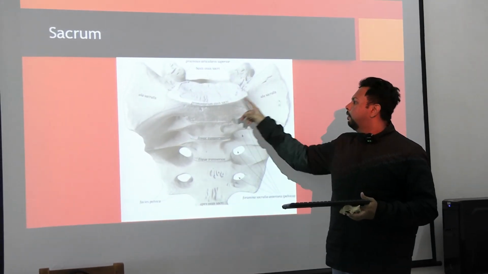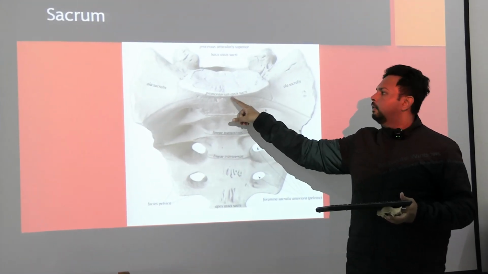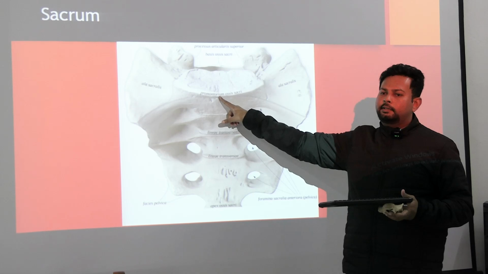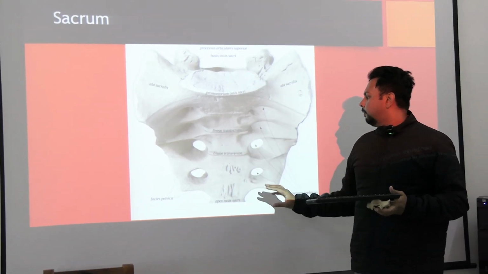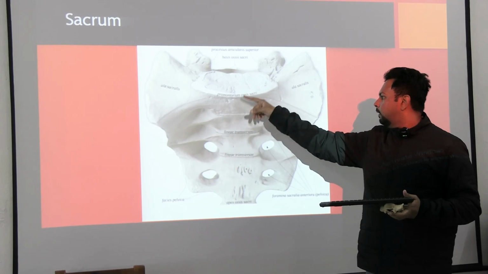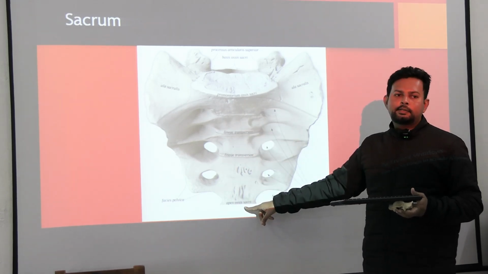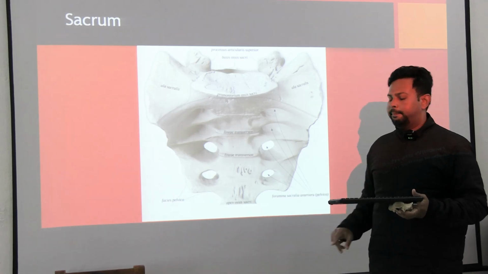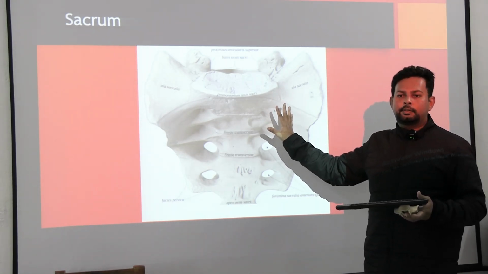This is the promontory, the first sacral vertebra. This is important. And then these are the sacral foramens, S1, S2, S3, S4, S5, and then what is there? Coccyx. Clear? Only this much we have to know in anatomy.